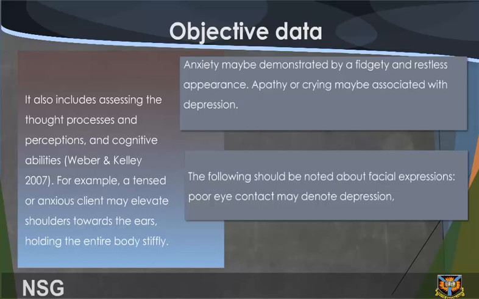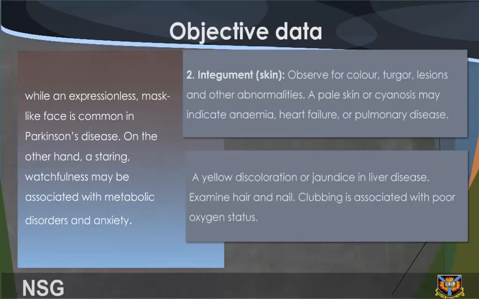The following should be noted about facial expressions. Poor eye contact may denote depression, while an expressionless, masking face is common in Parkinson's disease. On the other hand, a staring watchfulness may be associated with metabolic disorders and anxiety.